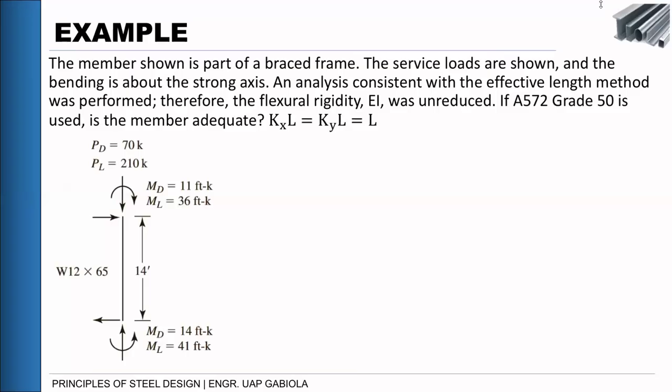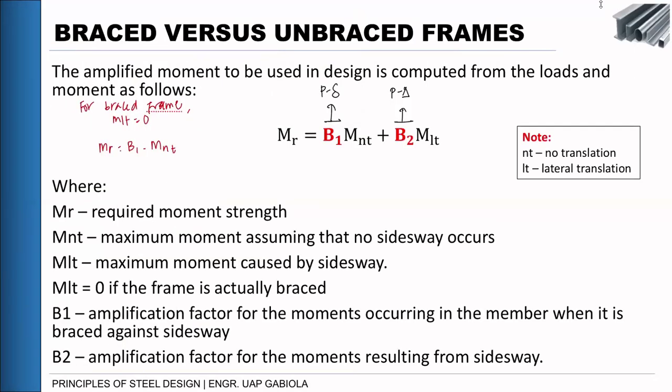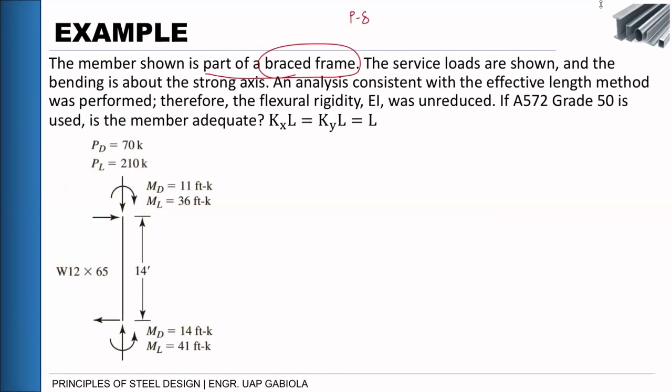Okay? So, we have here the member shown is a part of a braced frame. So, that is a first clue already, it's part of a braced frame. And again, with a braced frame, we have no P big delta, only P small delta. So, in the formula we saw earlier for MR, we can already remove this term, because this will be the only equation for MR. So, B1. We can put it here to go back to later.